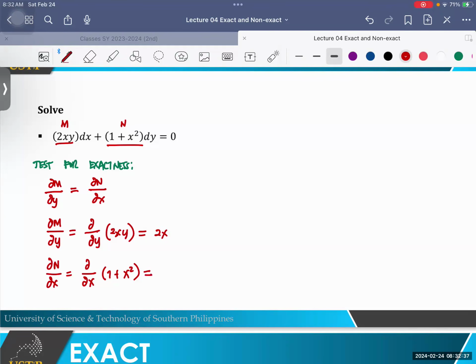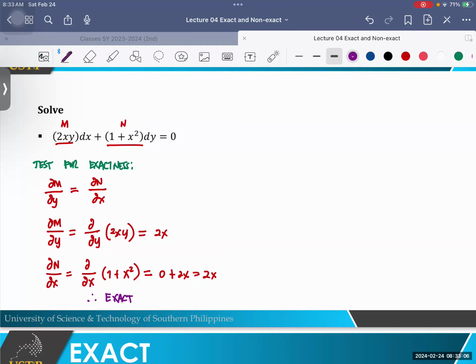So, 1 plus x squared with respect to x, that would be 0 for the 1, since it is a constant, we differentiate that and it would be 0. The x squared becomes 2x. So it is also equal to 2x. So, that means the partial derivative of m with respect to y and the partial derivative of n with respect to x are equal. Okay? So, we can conclude that that is exact.